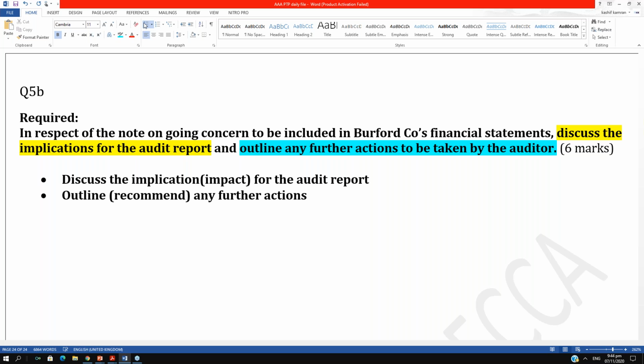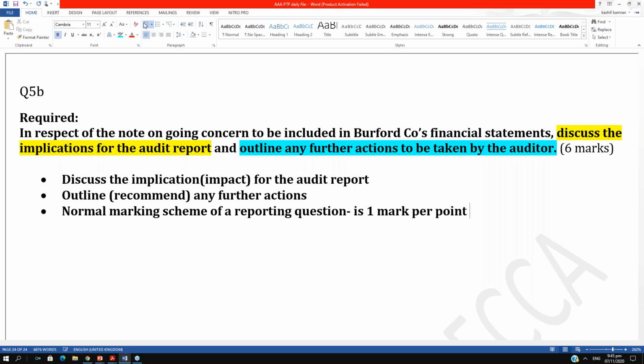Now, in a reporting question, apart from going concern, every matter is worth 2 marks. But the normal marking scheme of any reporting question is 1 mark per point. Only a going concern matter is an exception.